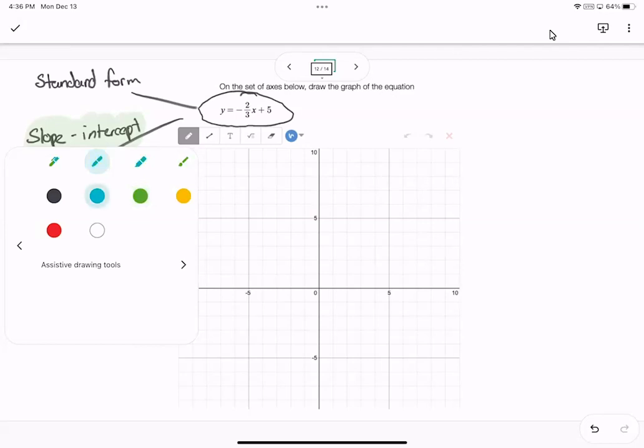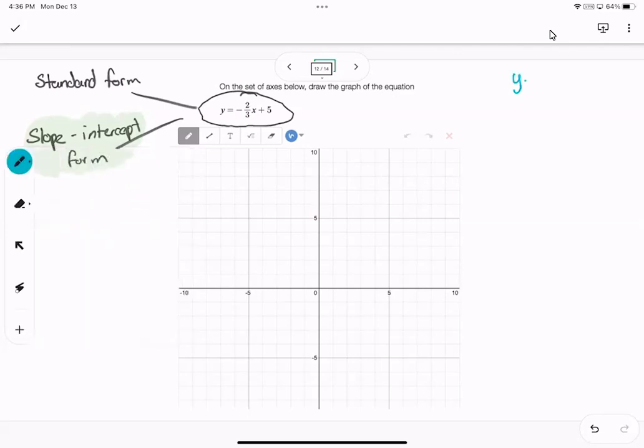So reminder, slope-intercept form means we have y equals mx plus b, where m represents your slope, and b represents your y-intercept.